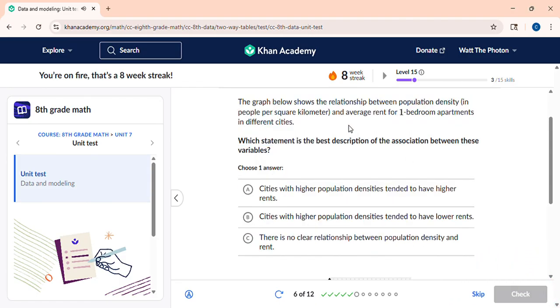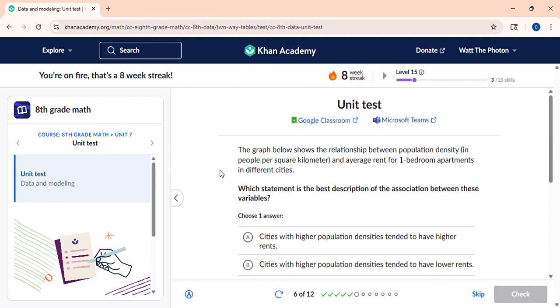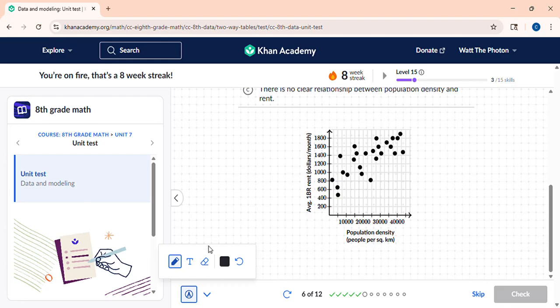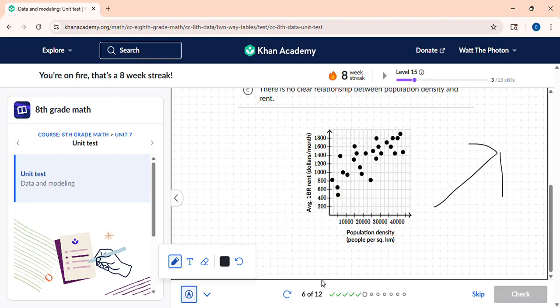The graph shows the relationship between population density and average rent for one-bedroom apartments in different cities. What statement best describes the association between these two variables? We have this general positive linear association. Let's see the trend up.